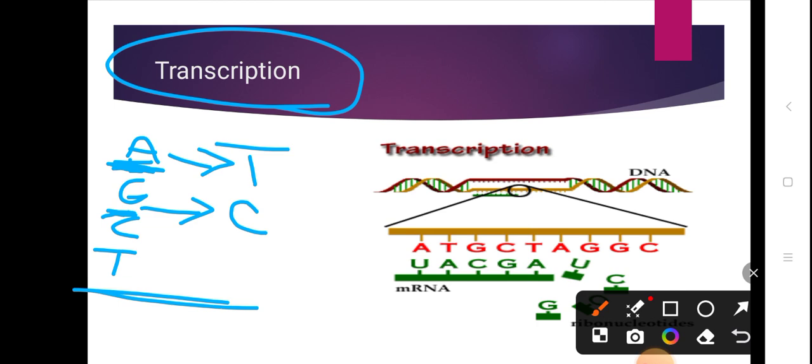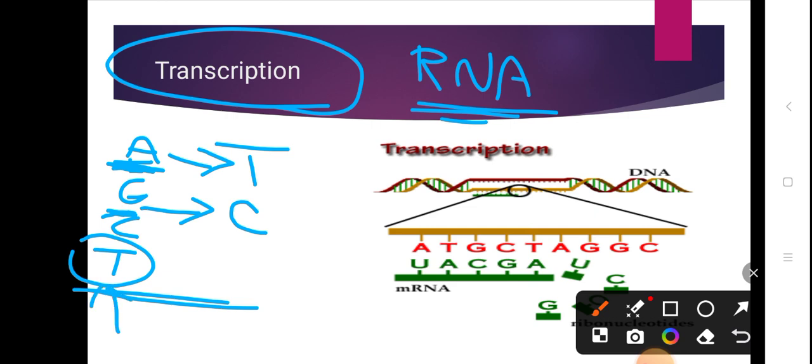Transcription means building an RNA molecule, and RNA has no thymine, but it has uracil instead of thymine. So by using these nitrogenous bases in the template strand of DNA, what about the complementary one?